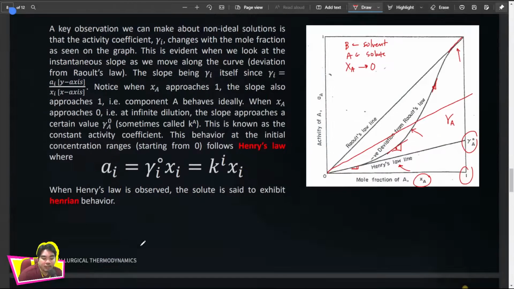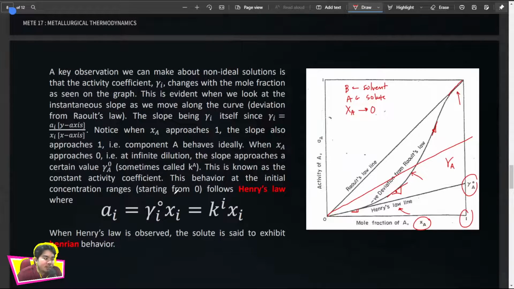Right? And this is useful kasi in most systems naman, lalo na pag inaaral natin yung mga solutions that study solute and solvent interaction, they are done at very minute na compositions, no. And therefore it's important to know kung ano yung magiging behavior niya at those infinite dilutions, no. So itong ina-approach niya, di ba it approaches the Henry's law.